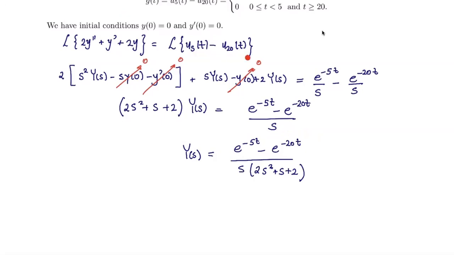Since our Heaviside functions appear here in the solution, we would anticipate that if I have the Heaviside function u sub c of t times f of t minus c, this is what is going to give me e to the minus cs times capital F(s).